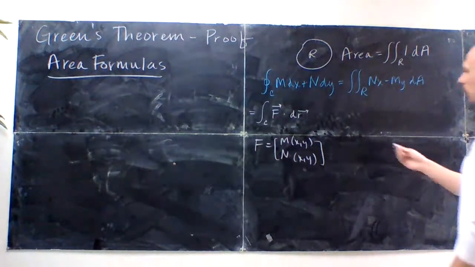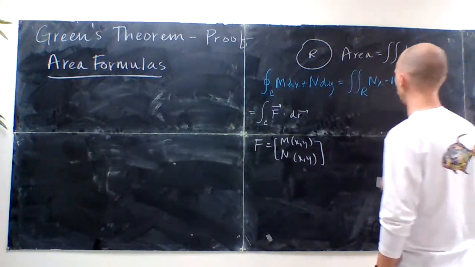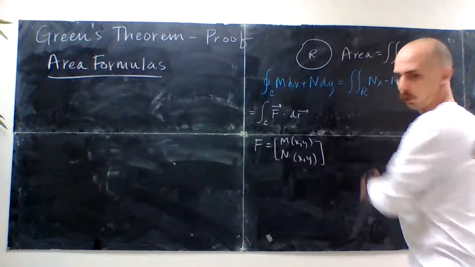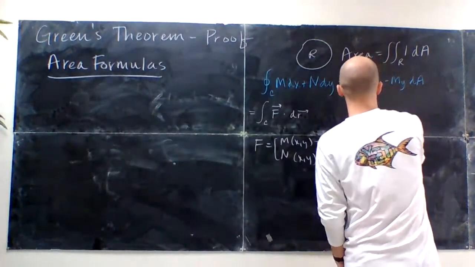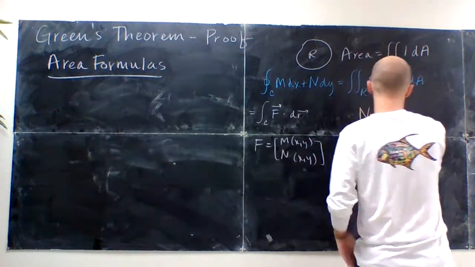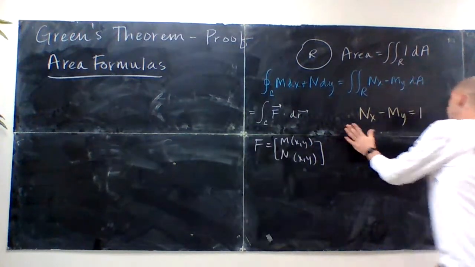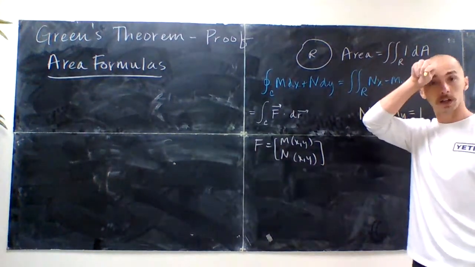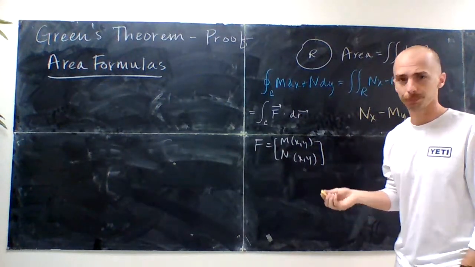Depending on the F that I find, that gives me Nx minus My equals 1. So the big goal here is to work on Nx minus My equal to 1. Now, in general, there are probably a lot of equivalent formulas for this, but I'll just show you 3 of them. Okay.